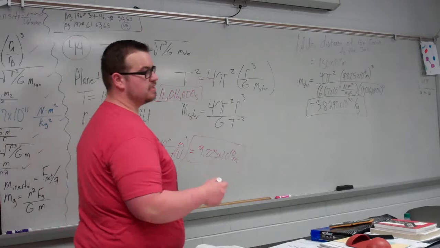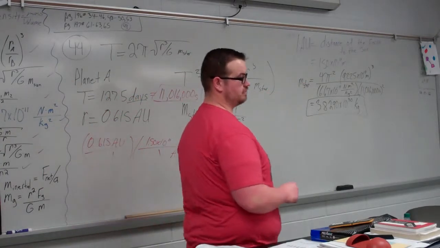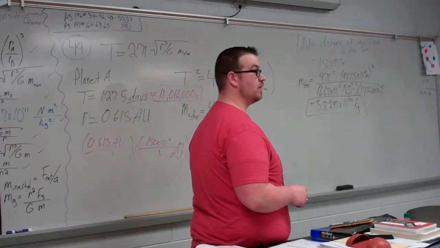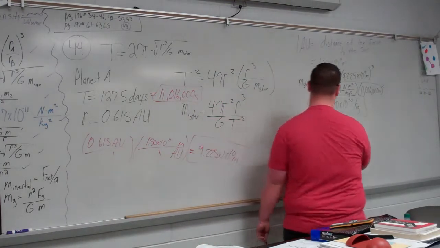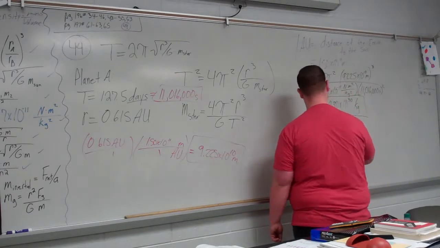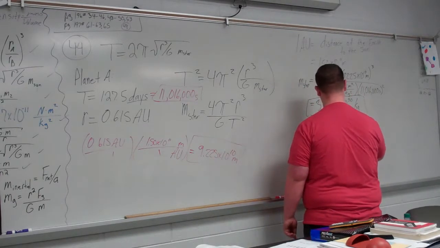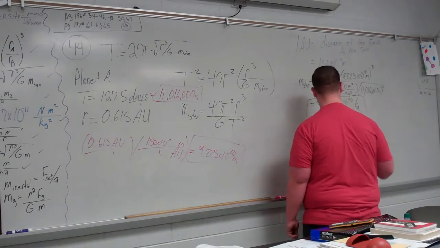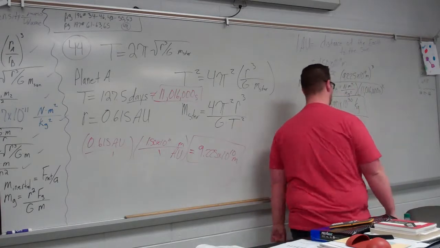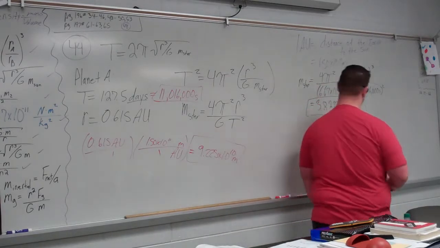What's the mass of the sun? Divided by the mass of the sun.